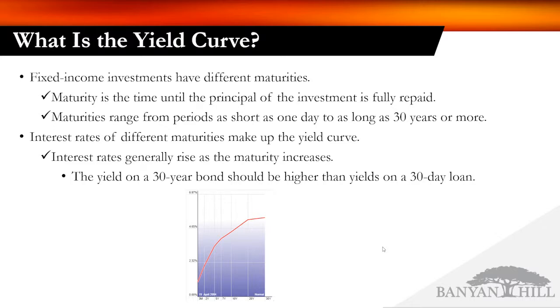The government issues treasuries in different amounts of maturity. So there can be a 4-week treasury bill or a 30-year treasury bond, along with various other time frames in between. And the curve shows us the maturities against the yield.